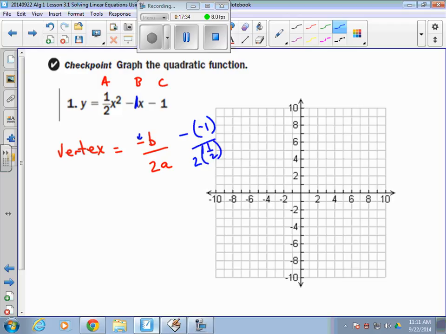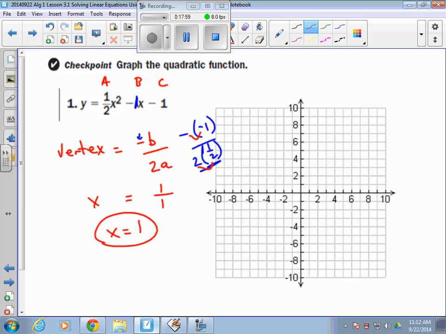That's easy. What's half of 2? We know half of 2 is 1. So a negative times a negative is a positive 1, and half of 2 is 1. So the x value of your vertex is 1 over 1. Your x value is 1.